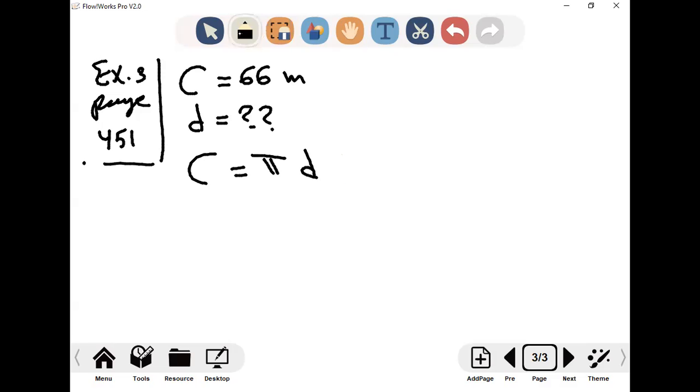So here, the circumference given, how much the circumference? So I'll replace the C by 66. Equal comes down. The pi, we know it, 3.14. Do we know D? No. Multiply D, right? I want D. The missing or the unknown comes down, right? What's this? What do we call this? Who can tell me what we call this?